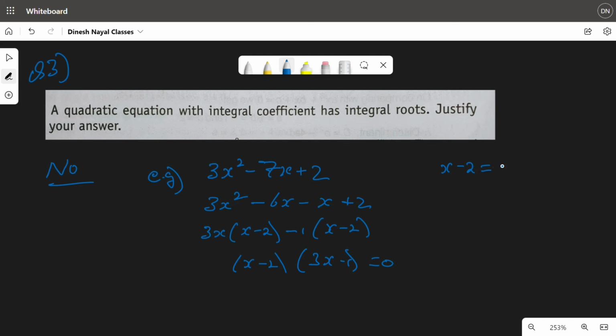So x minus 2 equals 0, x equals 2, or 3x minus 1 equals 0, so 3x equals 1, x equals 1 by 3. As we can see, the coefficients are integral, but looking at the roots, one is an integral root, but the other one is not integral. It is a fraction. So hence our answer is no for this.